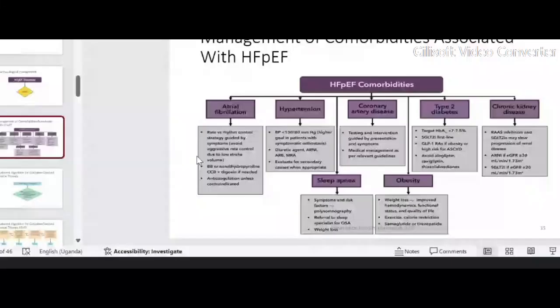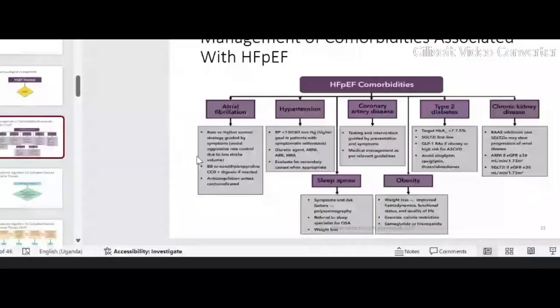Why? Because they are associated with heart failure, or manifestation of heart failure. If a patient already has heart failure, they will exacerbate the manifestation of heart failure. Also, thiazolidinediones have been associated with fluid overload, so we do not use them in patients who have heart failure.